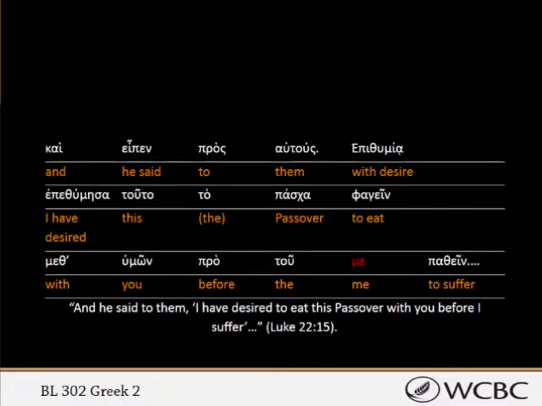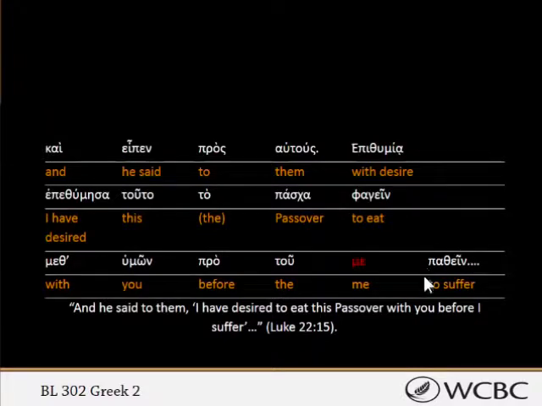Normally we would have the nominative, but in this case we have the accusative form as a subject. So here's a sentence that we have, an example that we can demonstrate. And you can see that we have the infinitive pathein. Pathein is our infinitive.